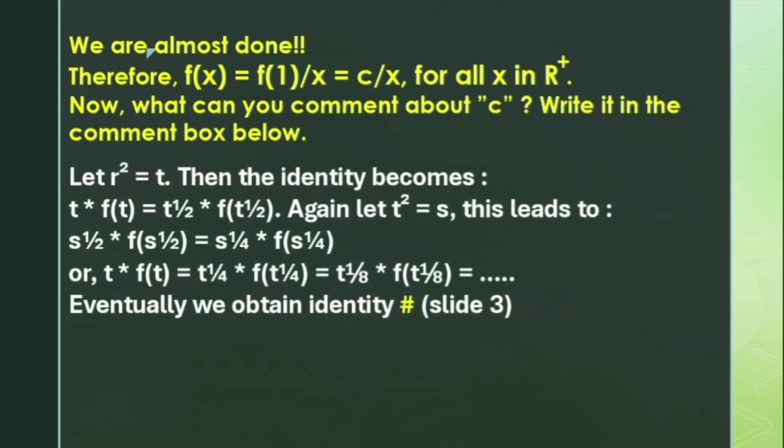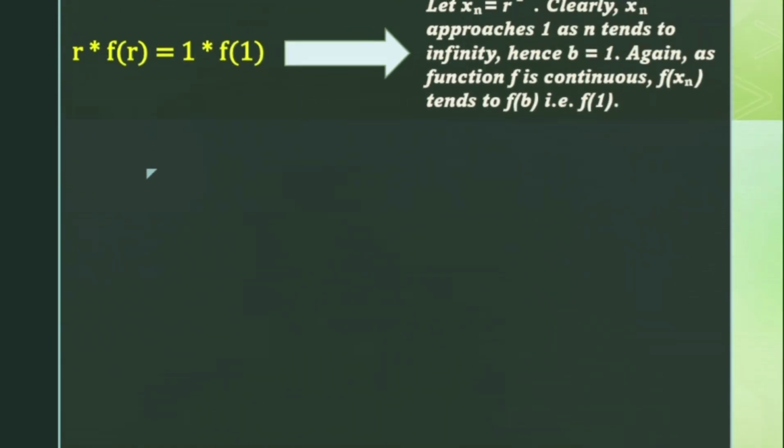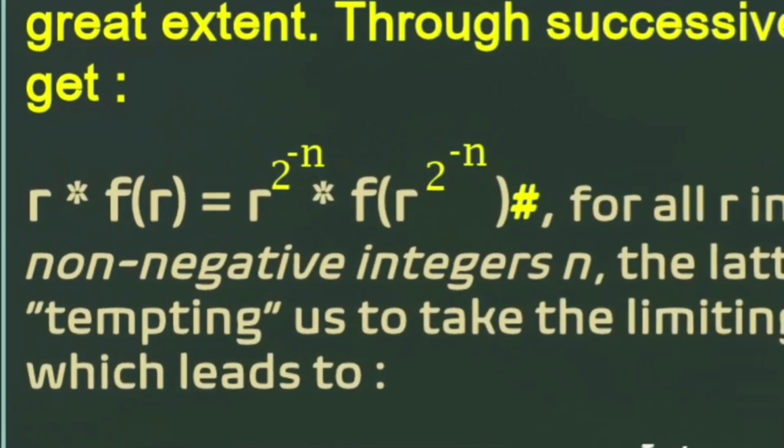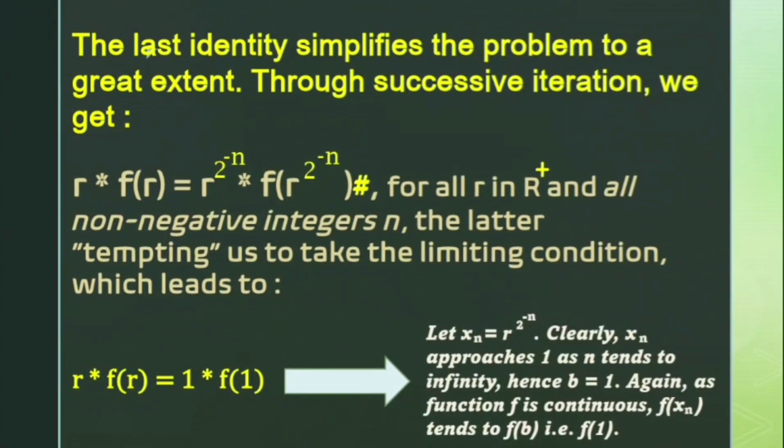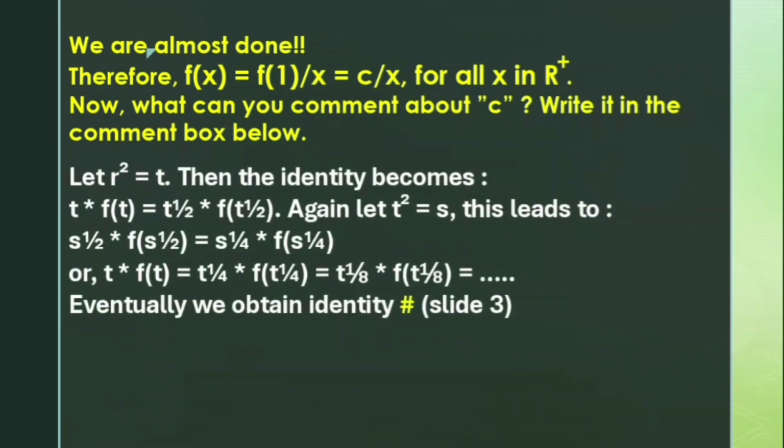You write it. Okay. And here's the short but crisp and beautiful proof of how we have arrived at that identity, which was denoted by hash, which means this one. Okay. So we'll see that.